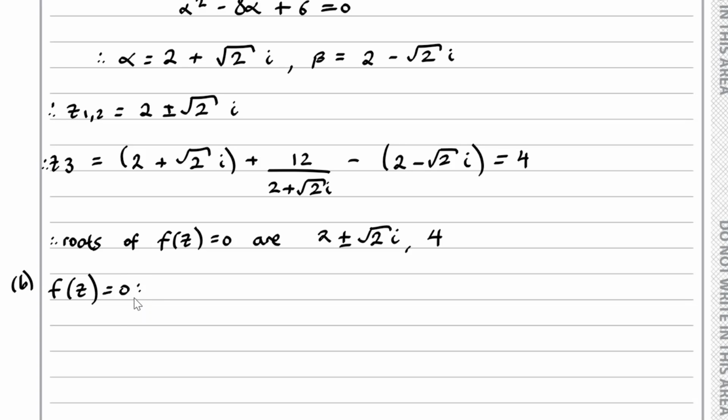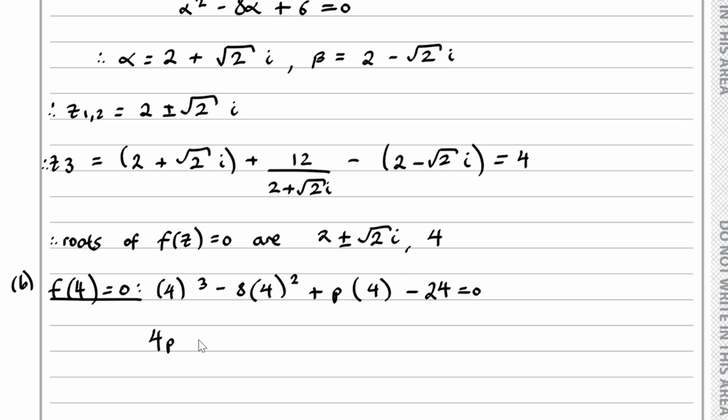And therefore for part B, if we set f of 4 equal to 0, because one of the roots is 4, of course using the factor theorem, we have 4 cubed minus 8 lots of 4 squared plus p lots of 4 minus 24 equals 0.